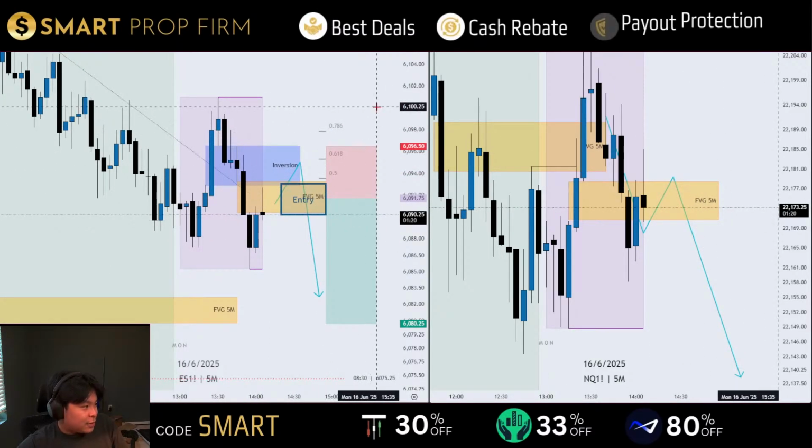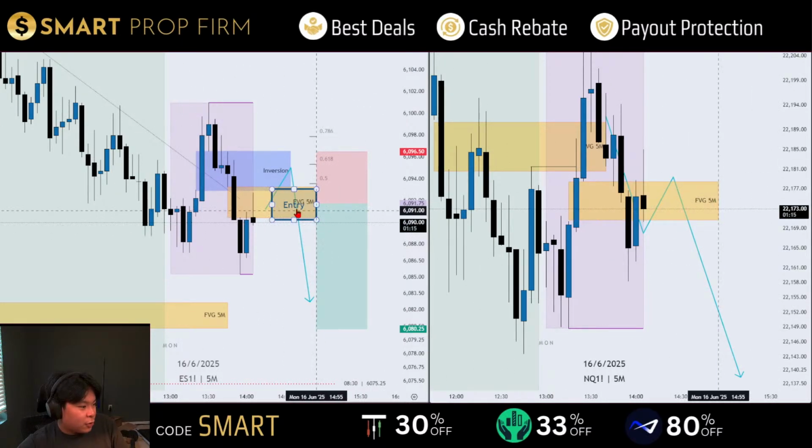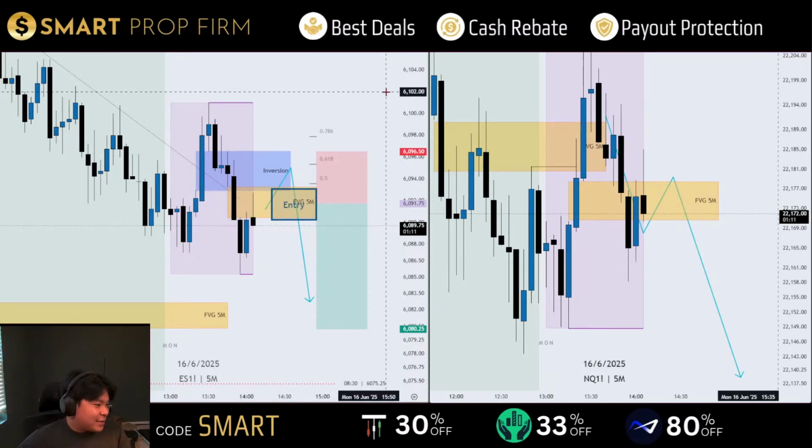I just don't know how some people might be questioning if this is a long when all my arrows are pointing lower. I have the short risk reward tool, and I posted my trade showing it's short.